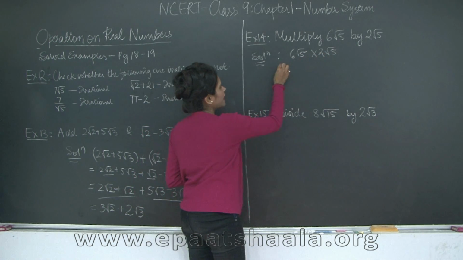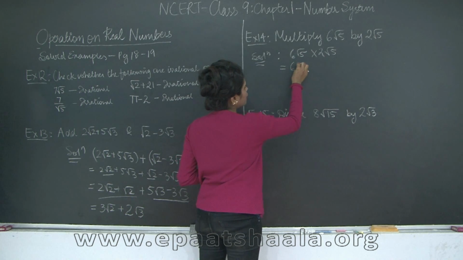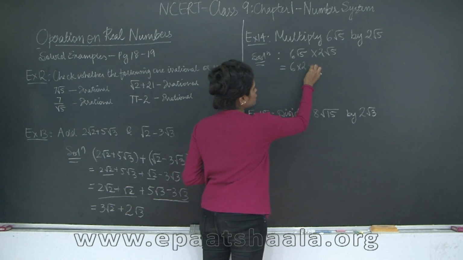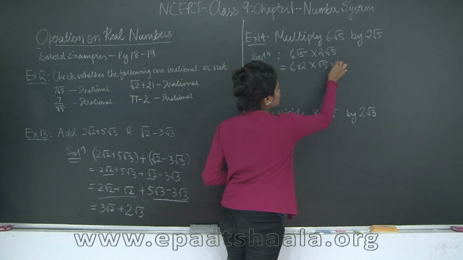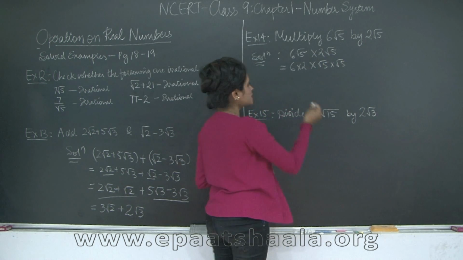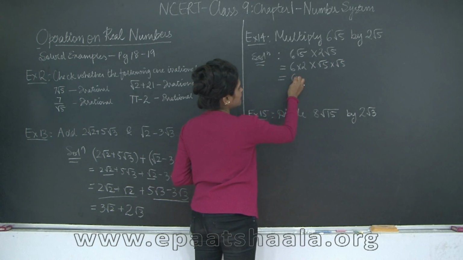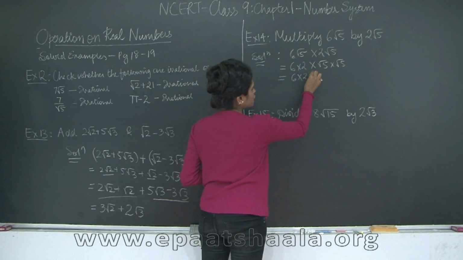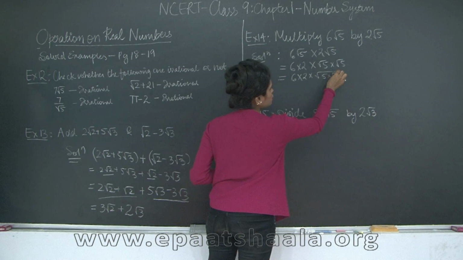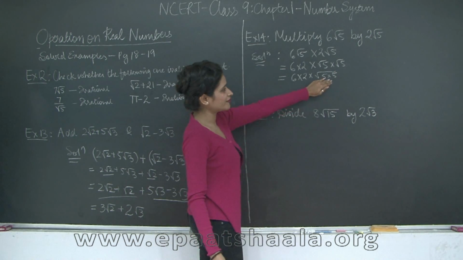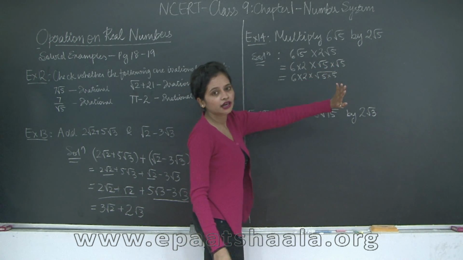So, this can be written as 6 into 2 into root 5 into root 5, which is nothing but 6 into 2 into root of 5 into 5. So, I have clubbed these two terms together under one root.